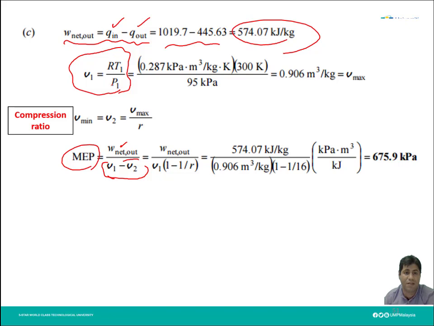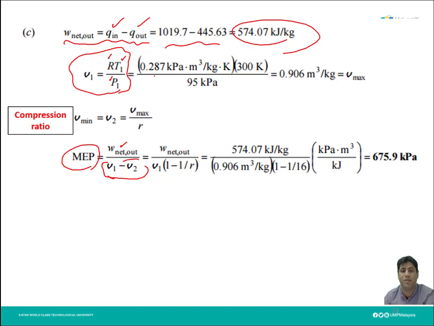We can write this for all of the states, but what is easier is the information given in the question. The temperature and pressure for the initial state, state 1, is given.